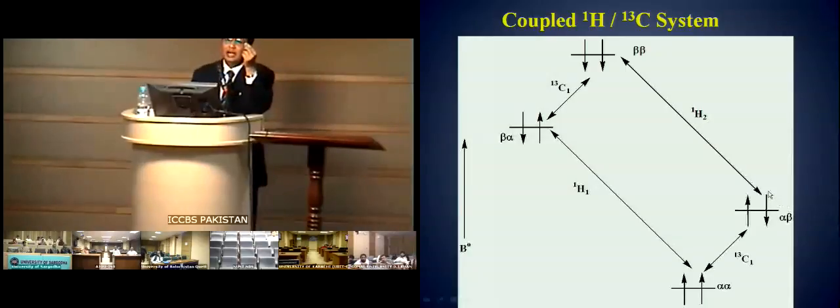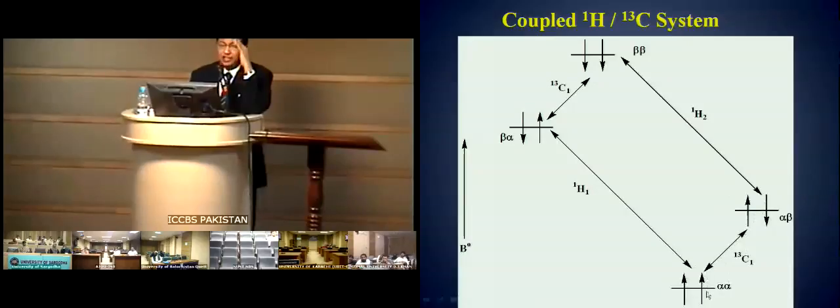Now, if I want to record a proton NMR spectrum and a carbon NMR spectrum together at the same time, the transition which you can observe is the following, and I don't want to confuse you. This is the difference in the orientation of carbon-13.